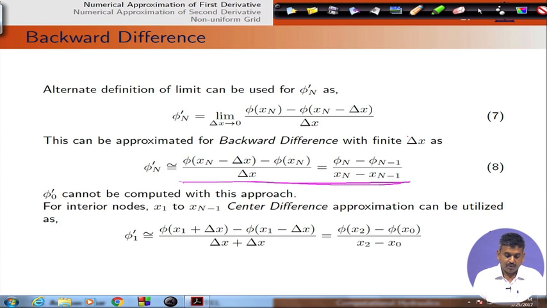For interior points, we can approximate it using the center difference approach.